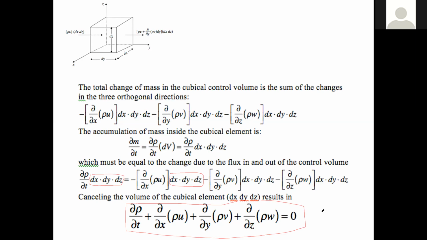Is the little v velocity in this case? Because the big V is volume. I'm trying to answer the question. We use velocity vector q and little u, little v, little w. Usually that is the velocity vector.